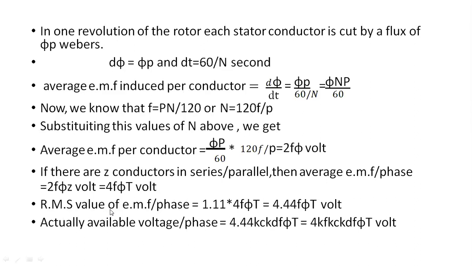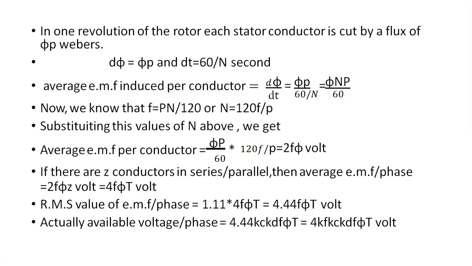Now we change from the average value to the RMS value. The average value we got is 2 f phi Z, or 4 f phi T. To get the RMS value, we multiply by 1.11, so it becomes 4.44 f phi T. This is the available voltage per phase.